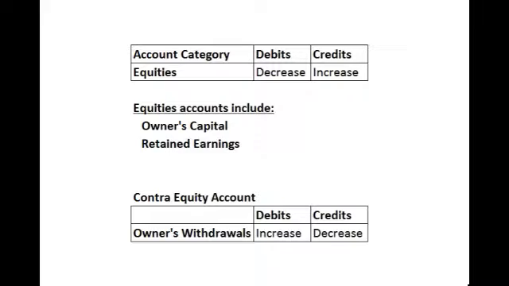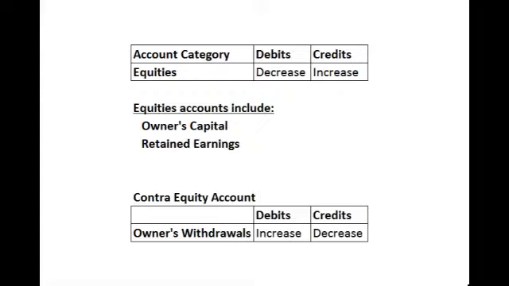Now, when that happens, that fund is not owner's money anymore. Once he invests that money into a business, the business now has that money. So from the business perspective, owner's capital went up and the business's cash balance went up.